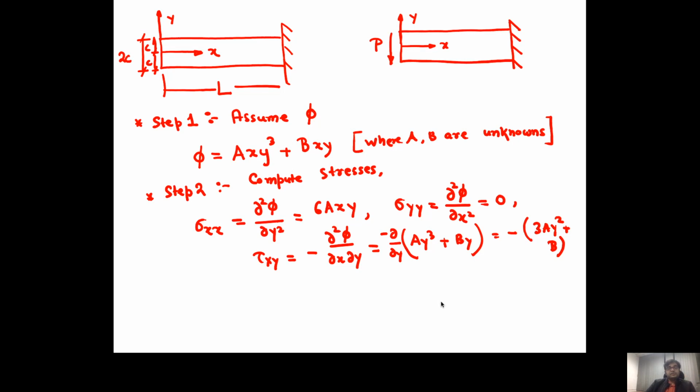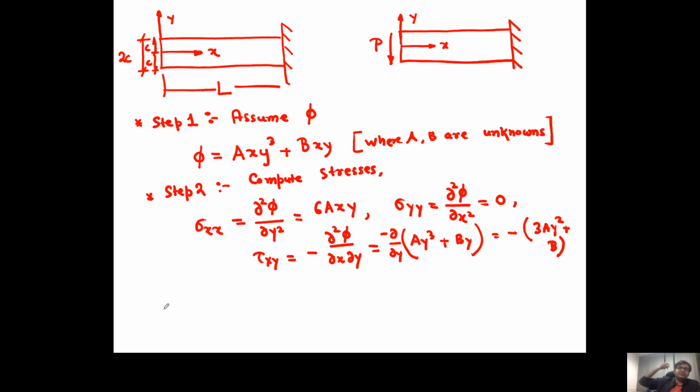Now, what is the third step? Third step is to compute the strains. But at this stage, we don't compute the strains because we have one additional step. Boundary condition satisfaction was coming at the end, but in this case, we can actually satisfy certain boundary conditions.